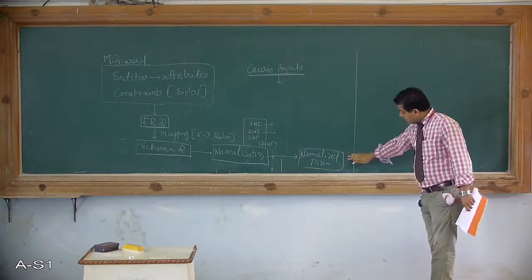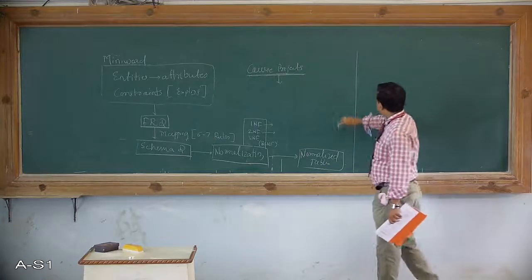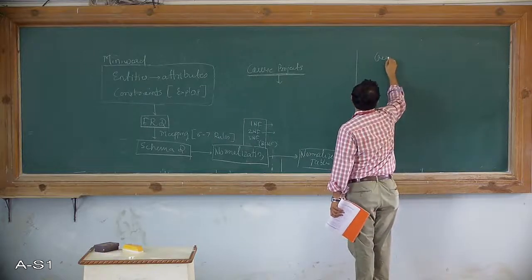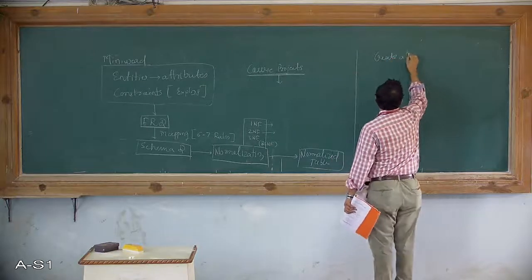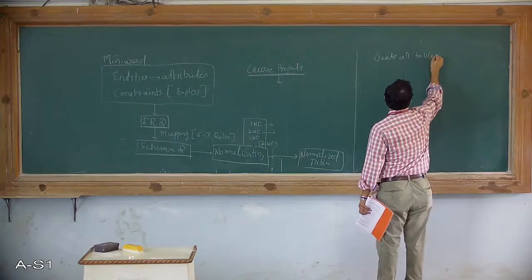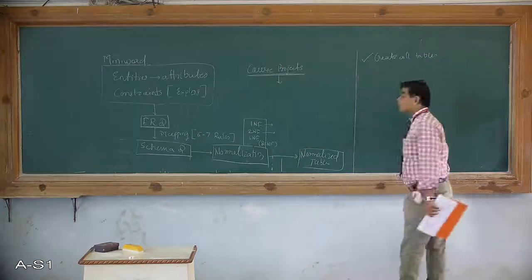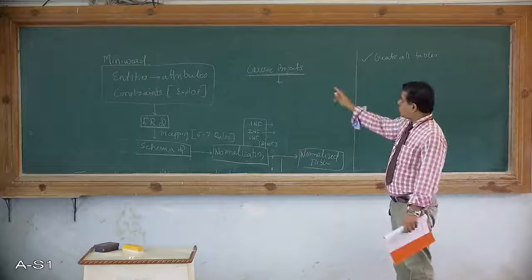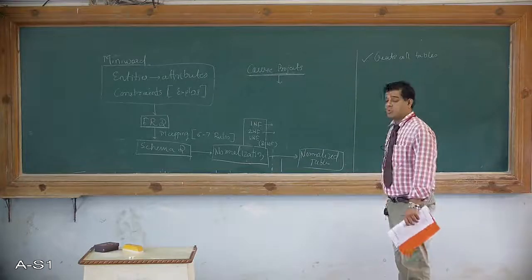Whatever normalized tables there are, you have to create these tables. You have to create all the tables with whatever constraints have been identified.